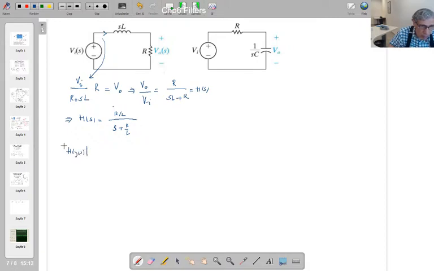R over L is a real number, so its module is itself, and then j omega plus R over L. The module of that is R over L over the square root of omega square plus R square over L square. That is the filter characteristic of this transfer function.